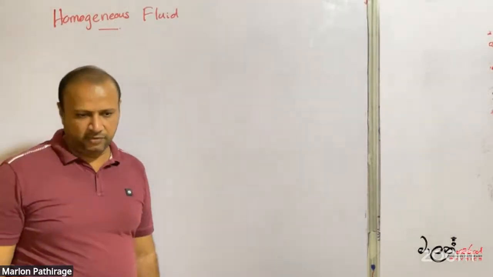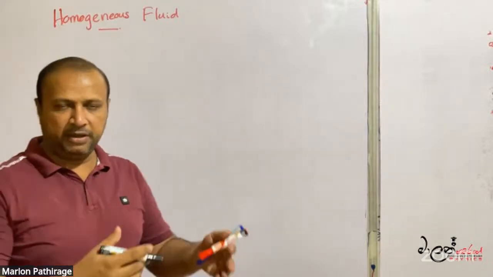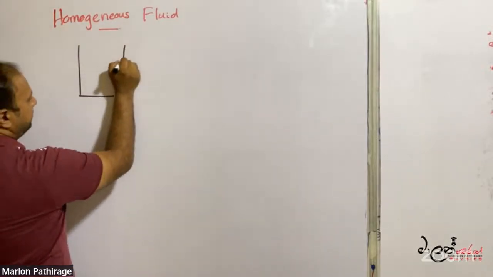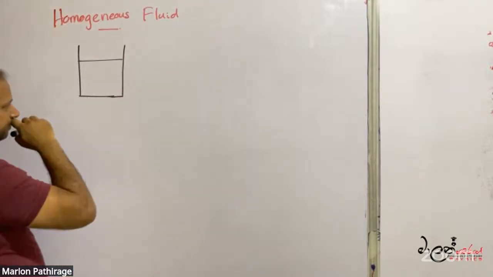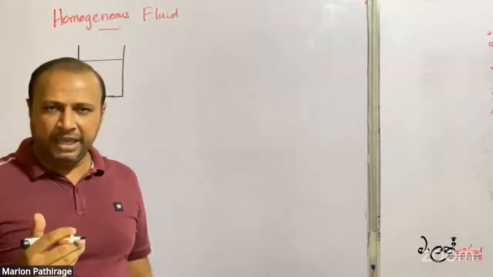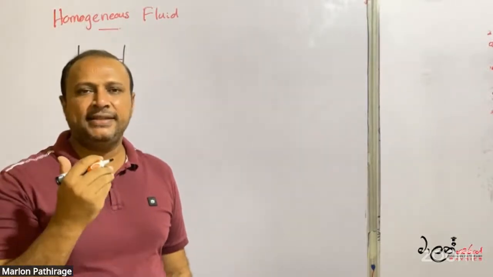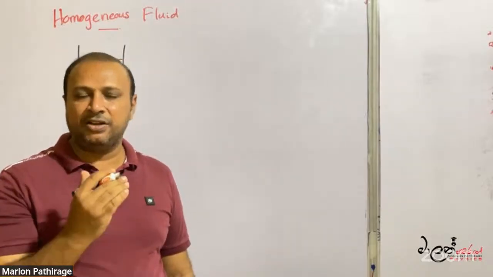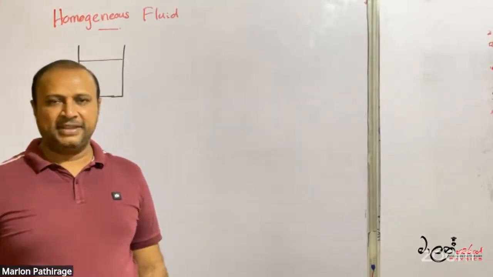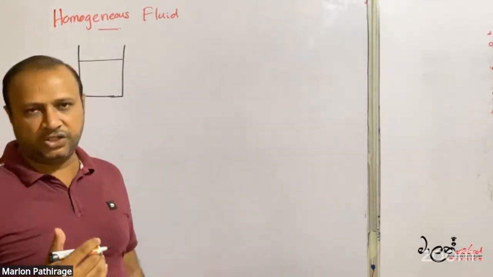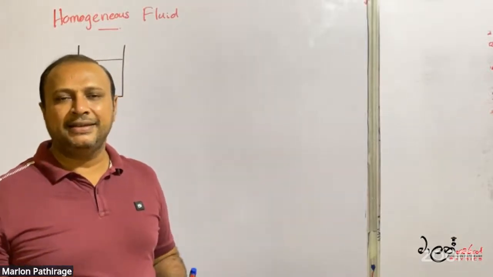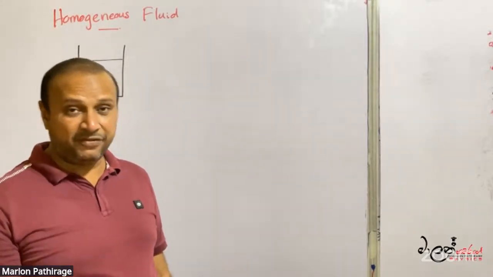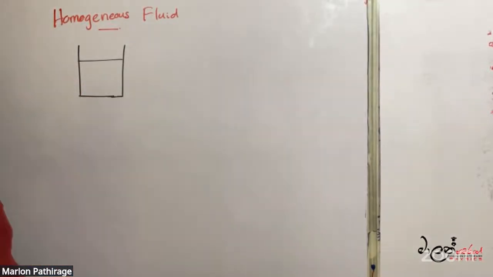Normally we call it a liquid, because we are discussing liquids only. So a homogeneous liquid or homogeneous fluid means that if the density of a liquid is a constant throughout the liquid, we call it a homogeneous liquid.